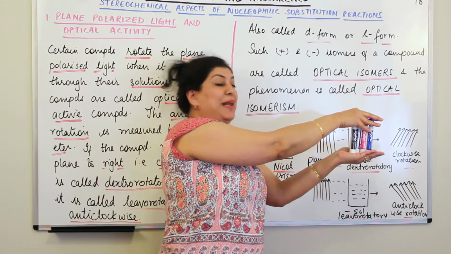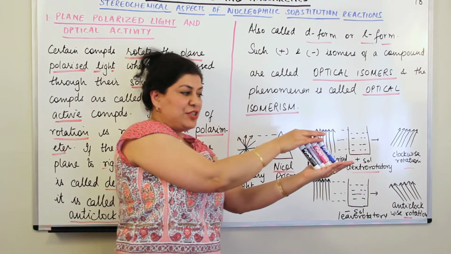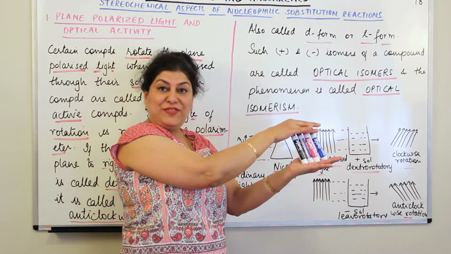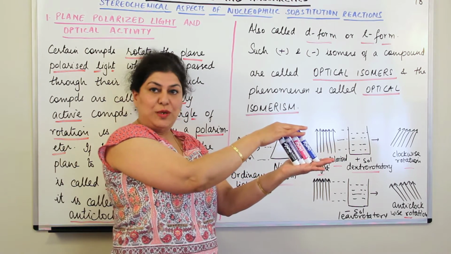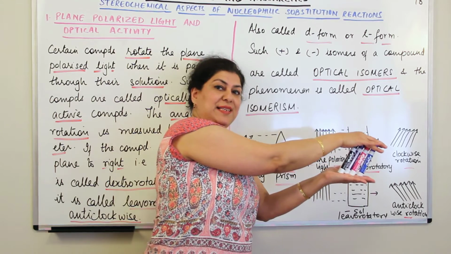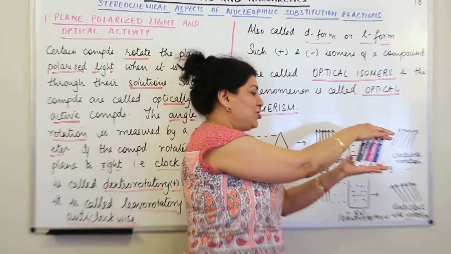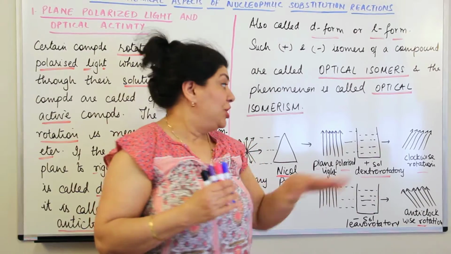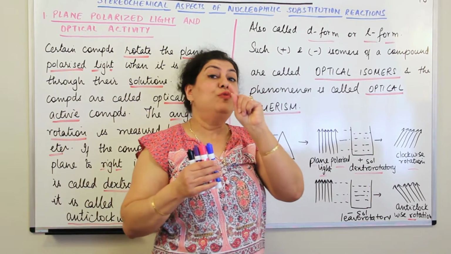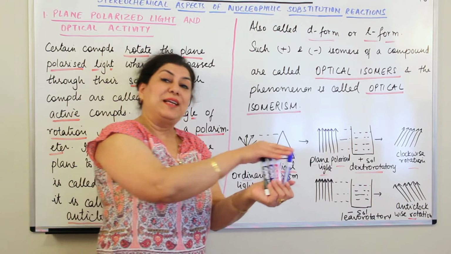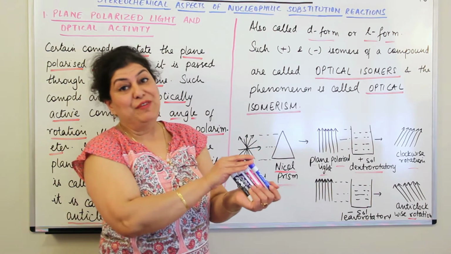If it rotates the plane of polarized light towards the left direction, we say it is levorotatory. L for left. So when it twists the light towards the left, it is levorotatory. When you twist it to the right, it is dextrorotatory. Such a solution would usually show one of the optical activities. It would either be dextrorotatory or levorotatory.